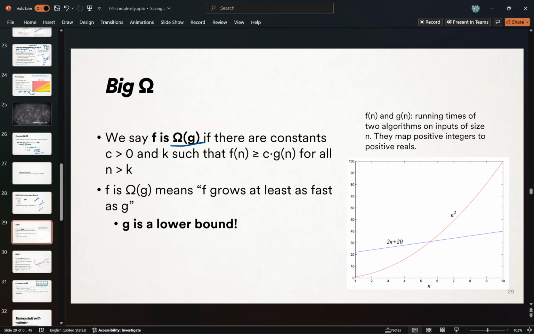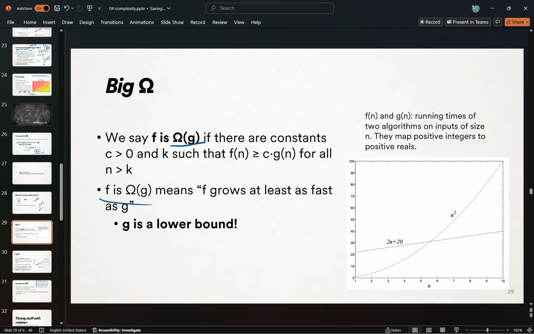So, same stuff. f is big omega of g if you can find some constant c greater than 0 and a constant k such that your function f is bounded below, it's always bigger or equal to, this one's smaller or equal to, by your g function multiplied by an appropriate constant. So stretch it a little bit if you need to bring it down, and it's always going to lower bound it after a certain point in time.